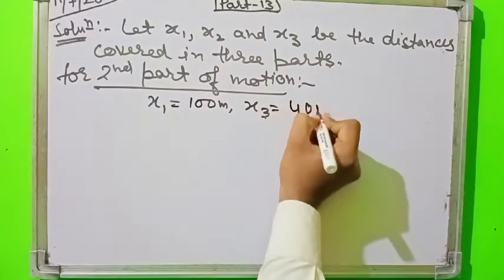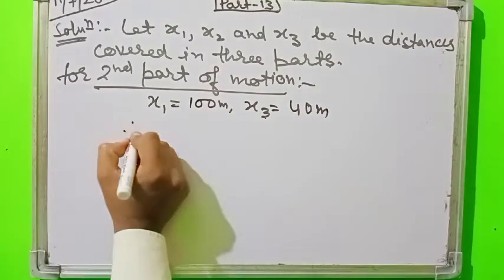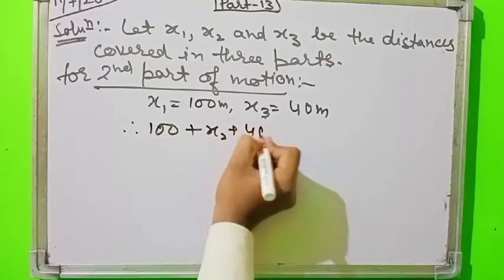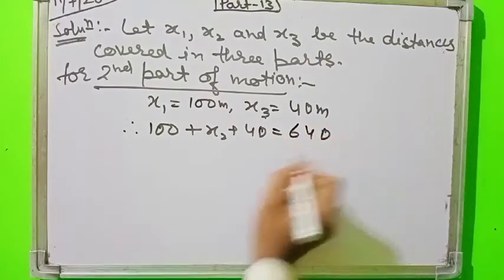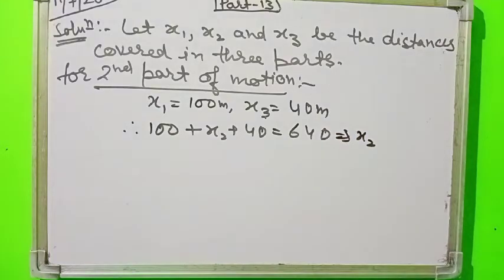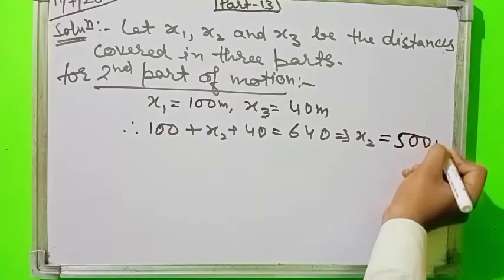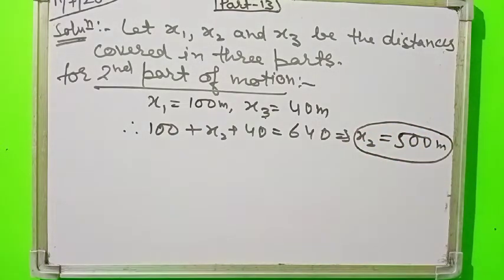So 100 plus x2 plus 40 is altogether equal to 640, and from here x2 is equal to 500 meter.